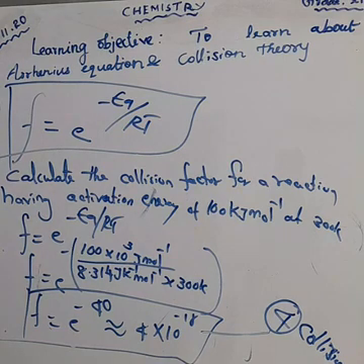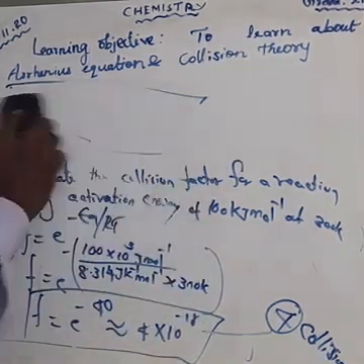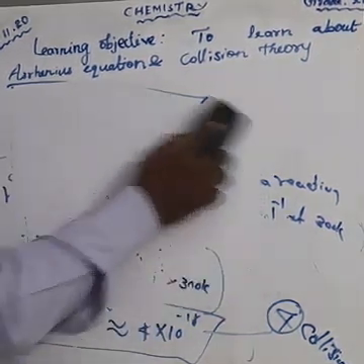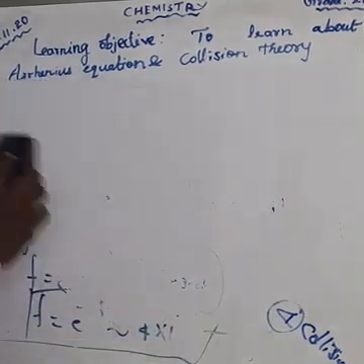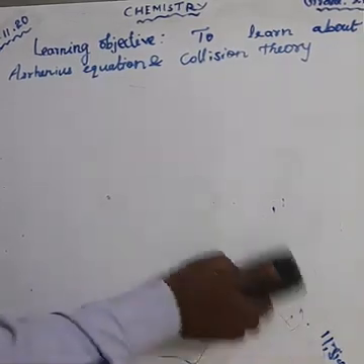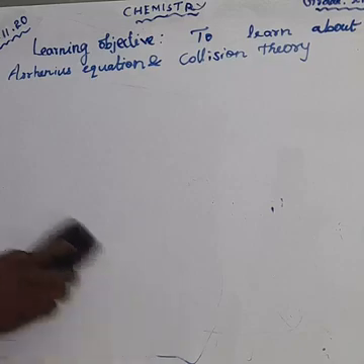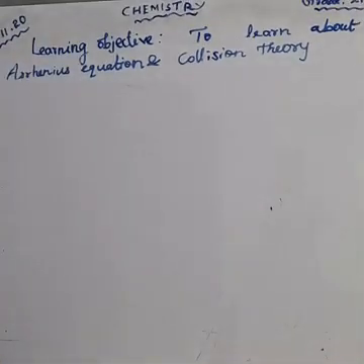To understand the orientation factor, we should draw one diagram. What is an effective collision, the correct or proper collision, and what is an improper collision? What are the proper alignment and the improper alignment? We have to understand effective collision and ineffective collision.